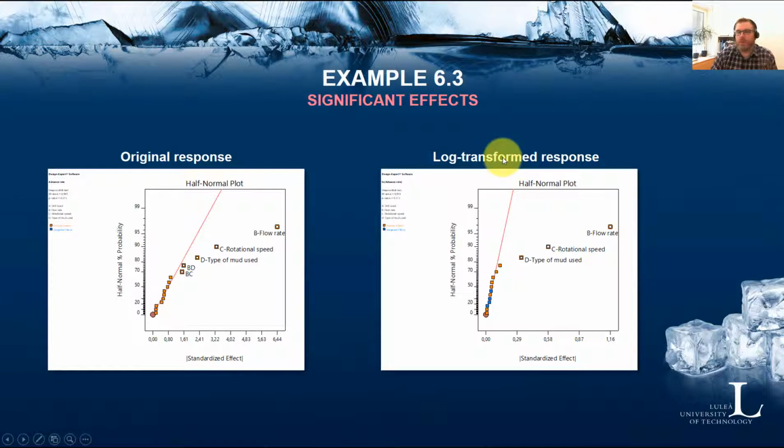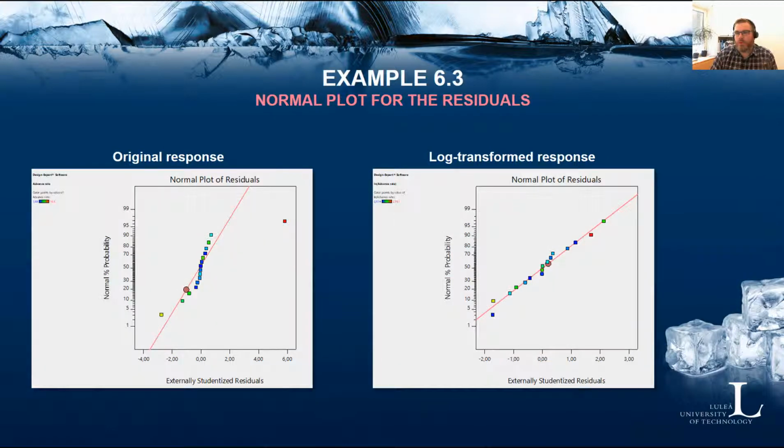I will show you some plots later on also to motivate this. But if we use the log transform response when we try to pick out active effects in the half normal plot, we will only have B, C, and D as active effects. So the situation in terms of the number of active effects has also become a little bit easier for us in the log transform response.